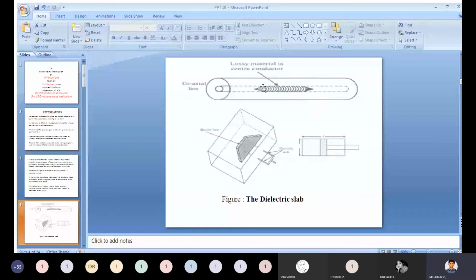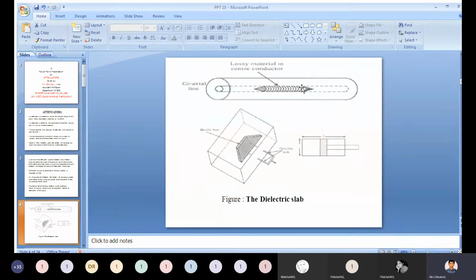Dielectric rods decide the amount of attenuation induced, which means the dielectric rod decides how much power loss we will get from this coaxial fixed attenuator.